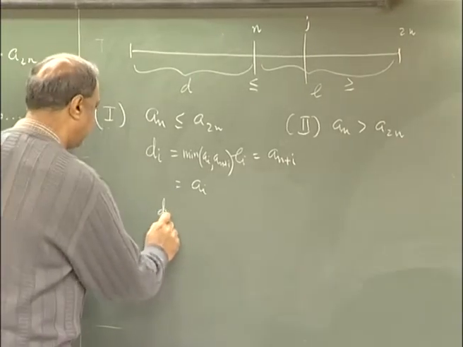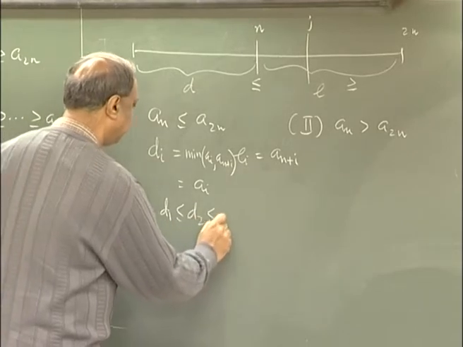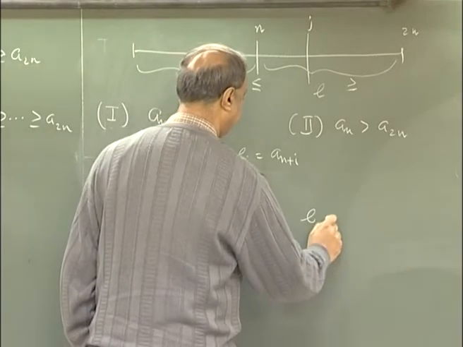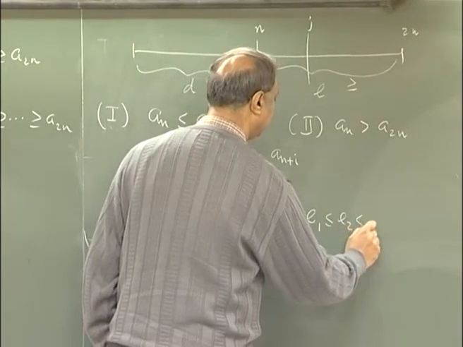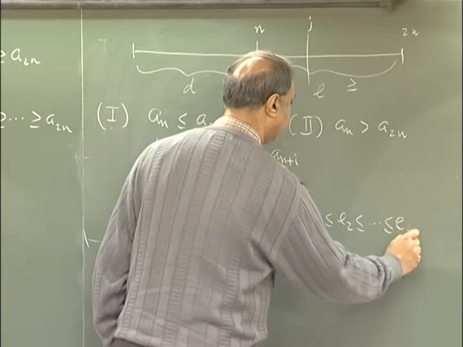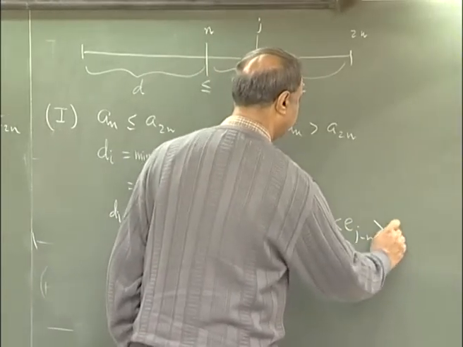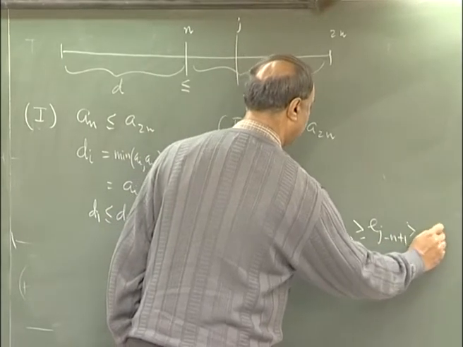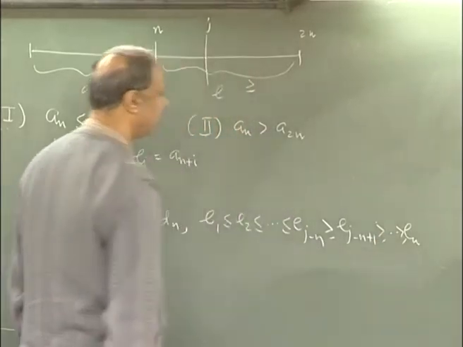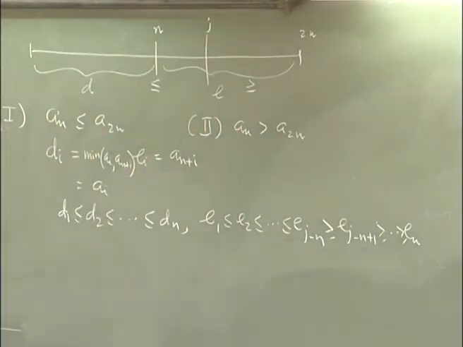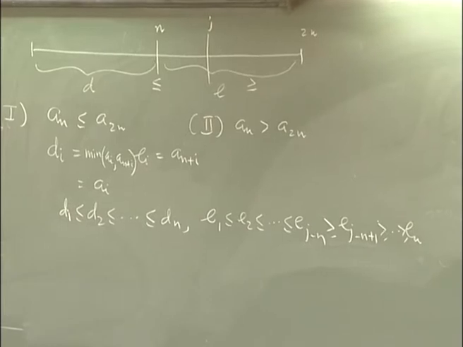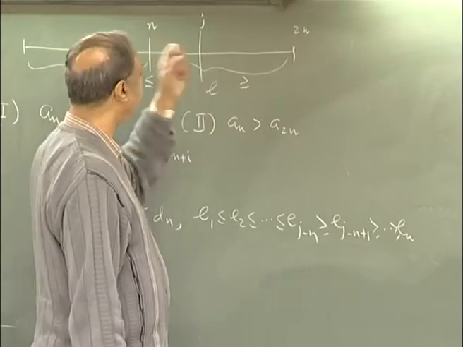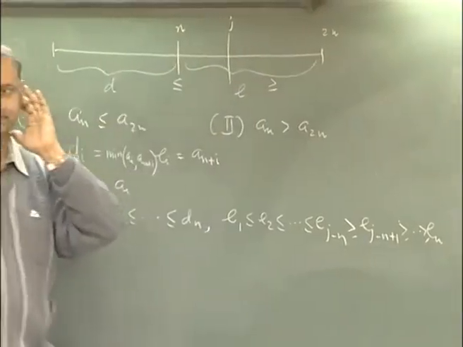So this satisfies D1 less than or equal to D2 less than or equal to Dn, and E1 is less than or equal to E2, and so on, and then it is greater.